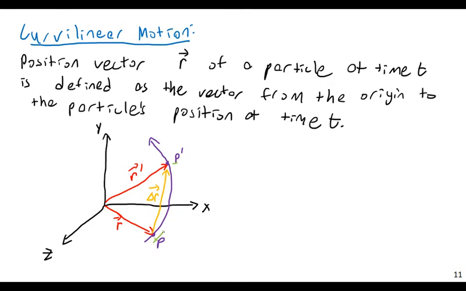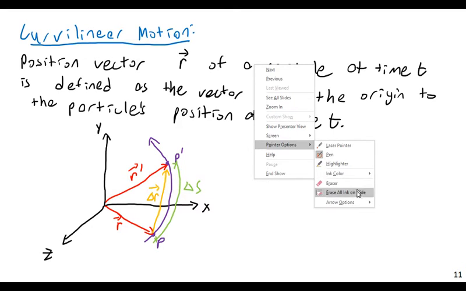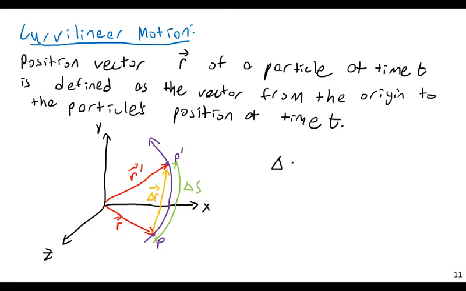So delta S would be the actual path length.